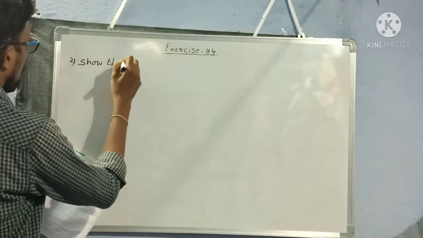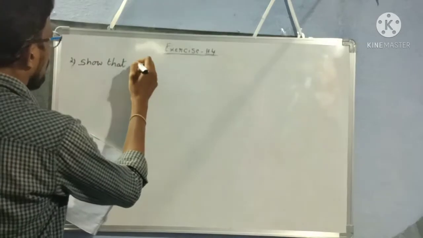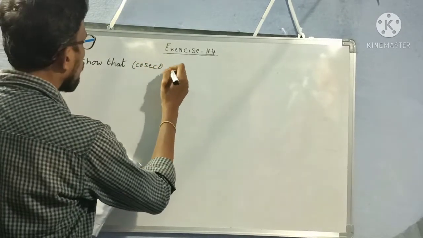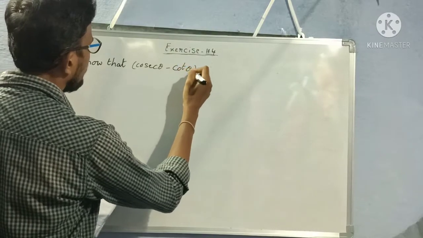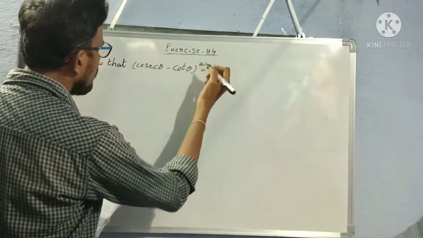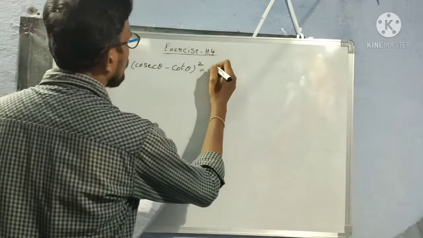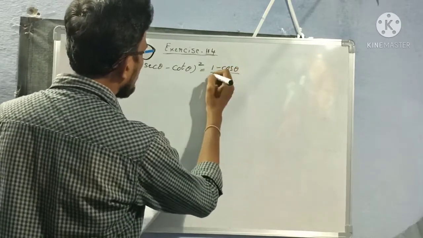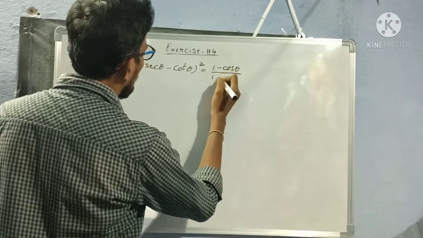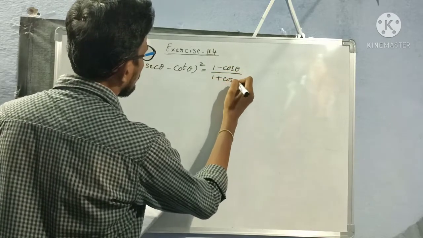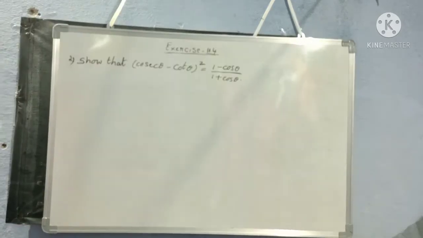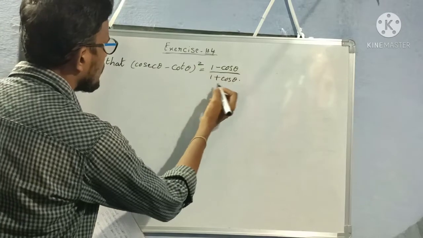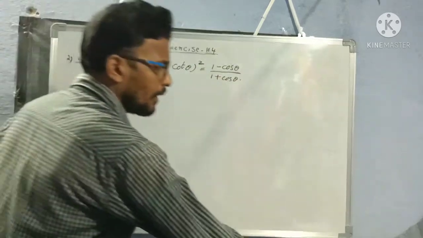Show that (cosecant theta − cot theta) whole square is equal to (1 − cos theta) by (1 + cos theta). This is what we need to prove. That is, (cosecant theta − cot theta) whole square is equal to (1 − cos theta) by (1 + cos theta). That is what we need to prove.